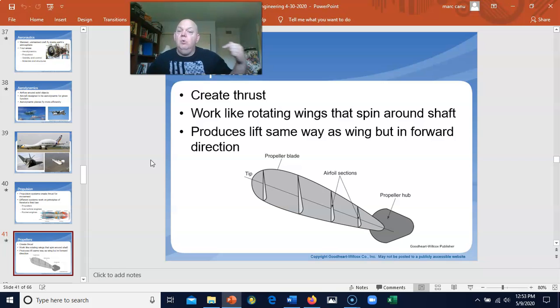Now there's a secondary one on the helicopter. If that goes out, then the helicopter is just going to spin like this. Okay? Hey, real world stuff. Just saying. So it produces lift in the same way as the wing, except it's going in the forward direction. Okay?